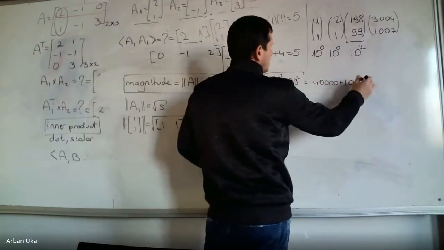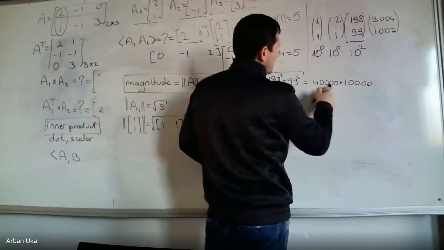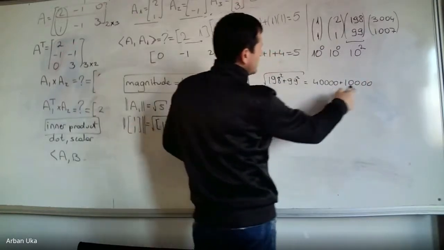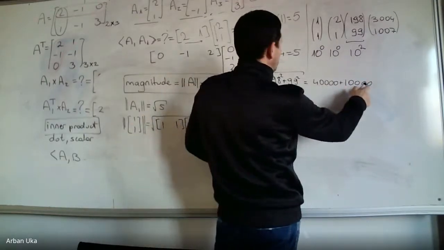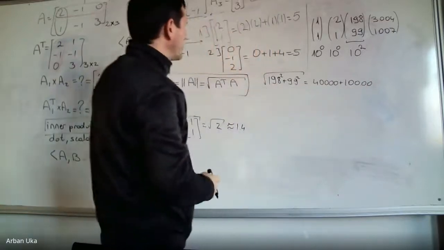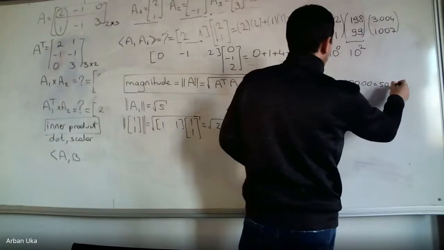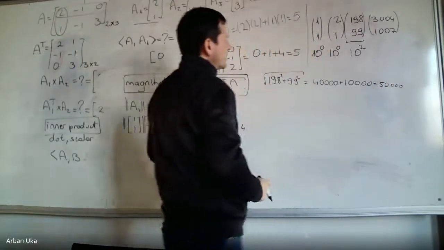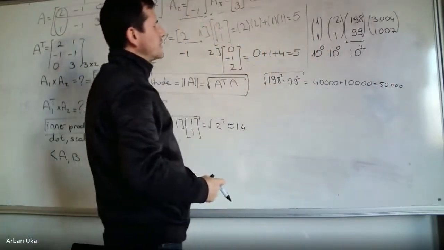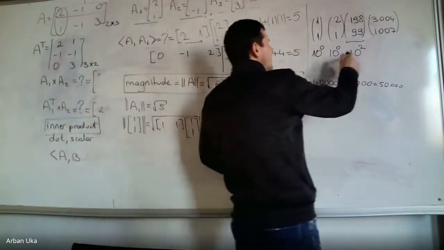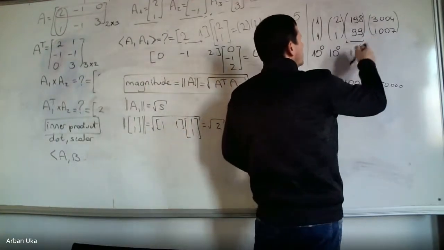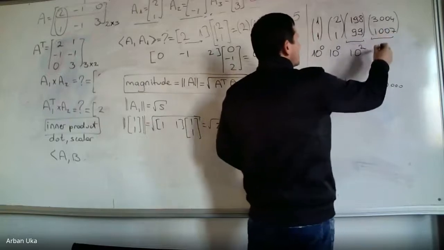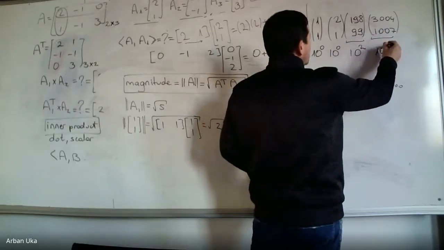That gives around 50,000. The square root of 50,000 is a little more than 220. So we are around 10 squared, 10 to the power 2. When it comes to this other vector, the magnitude is around 10 to the power 3.